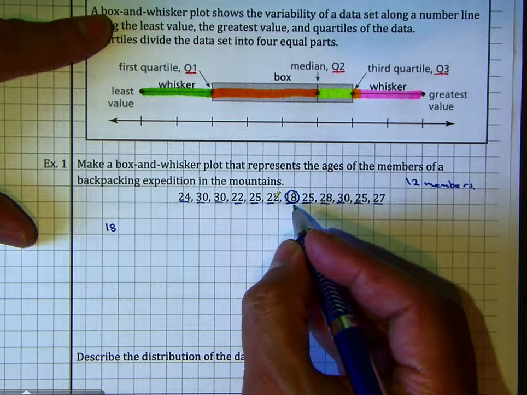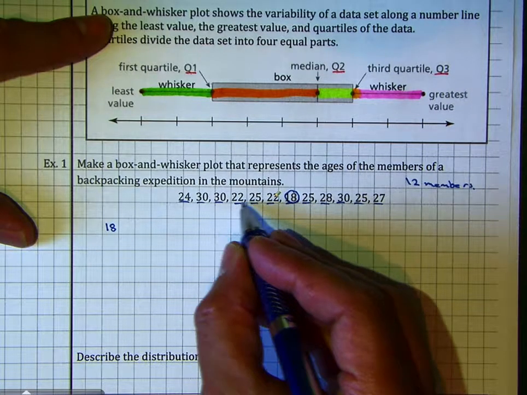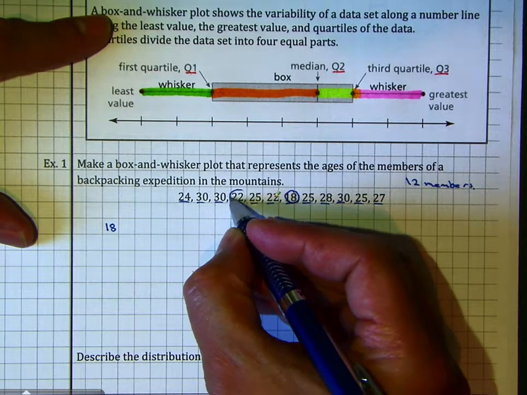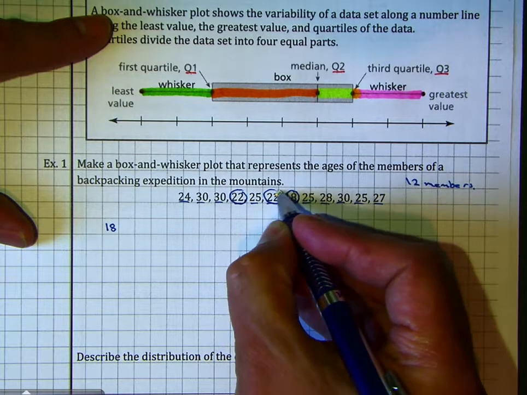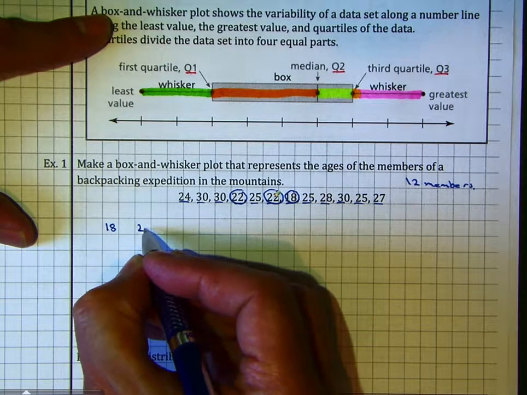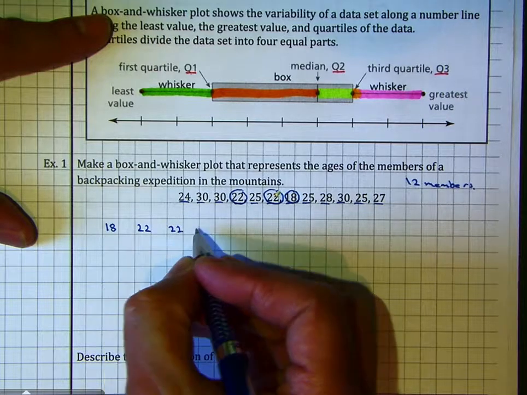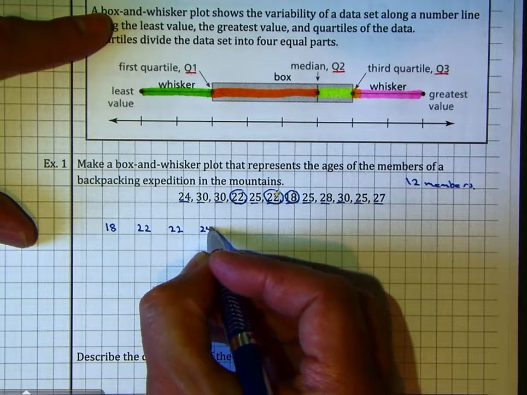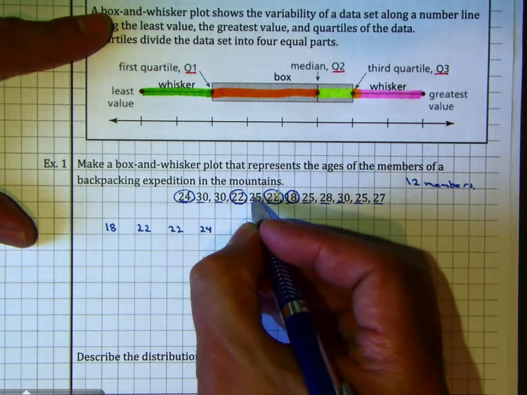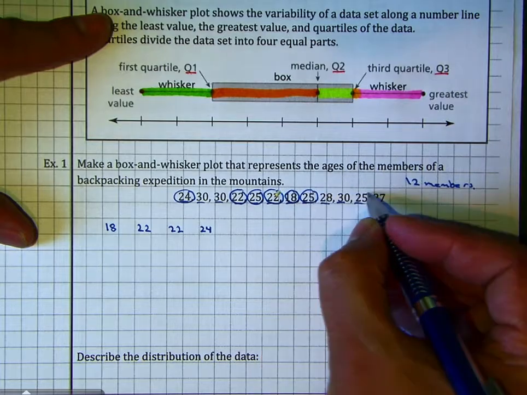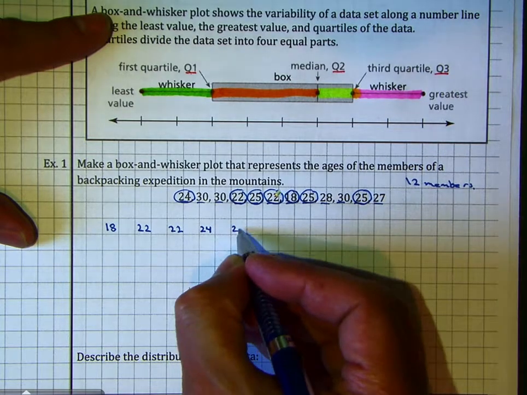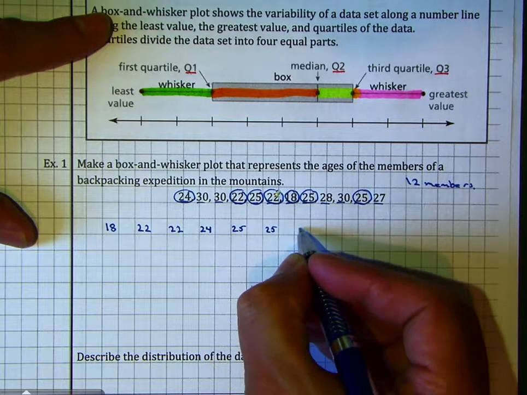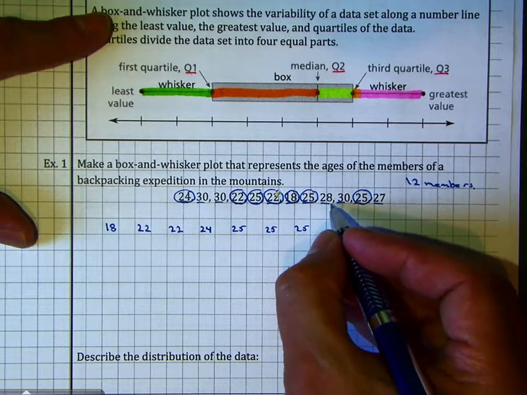Then after that we have a 22. We have 2 22s. So 1, 2, and that way I make sure that I don't leave any of them behind. 22, another 22. Then we have a 24. Then we have a 25, 1 25, 2 25s, 3 25s. We have a 27.